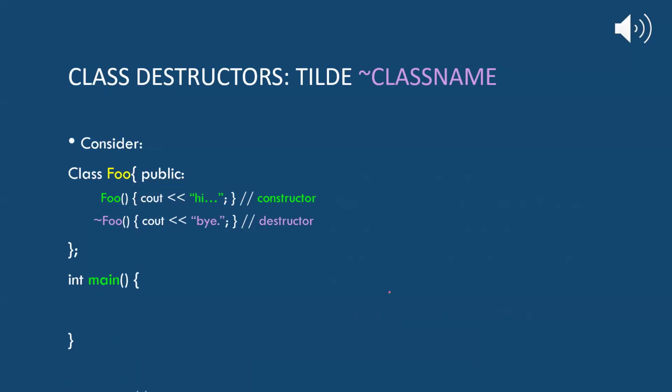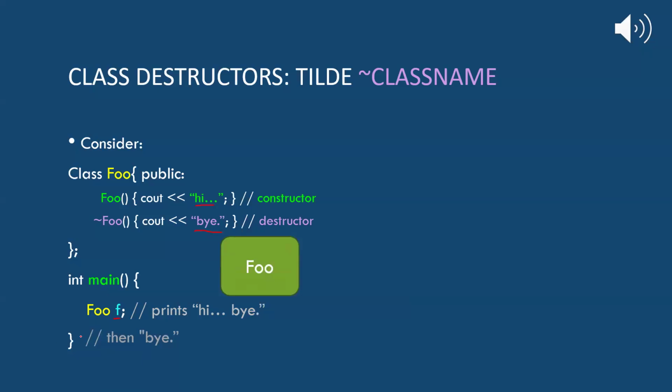Let's remind ourselves of a few things. You can come back and click on this recording of me from a few years ago. Let's take a look at what's going to happen here. I create an instance of the Foo class, and it's going to automatically print hello and goodbye. Why is it printing goodbye? When we go out of scope, it triggers automatic destruction of the variable.